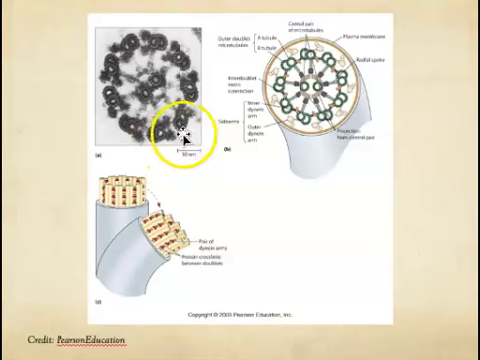Now look at it as it actually appears under the electron microscope. You can see the doublet microtubules. 1, 2, 1, 2, 1, 2, 1, 2. You can see the pair in the center, right here. And then these right here. These are the dynein motor proteins, acting as the spokes of the tire.